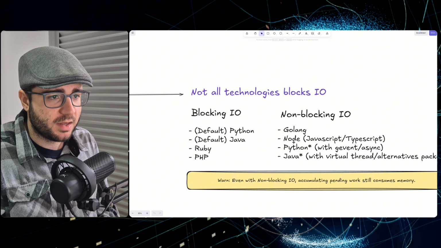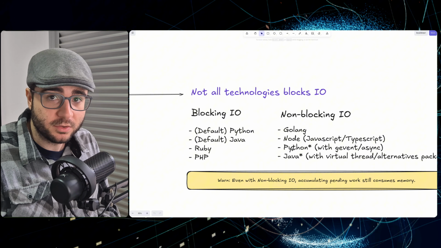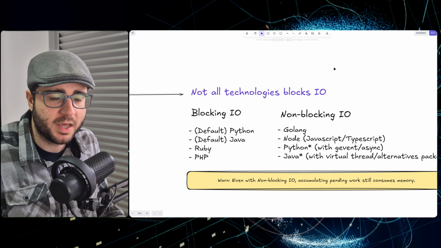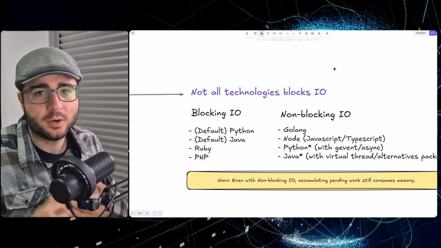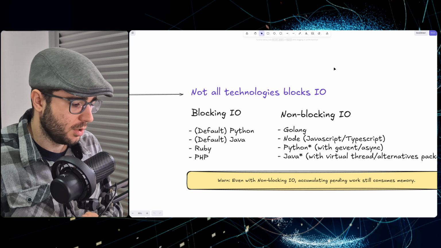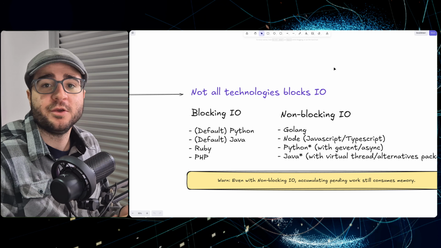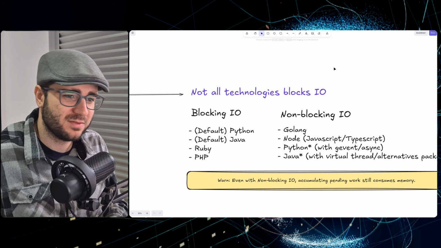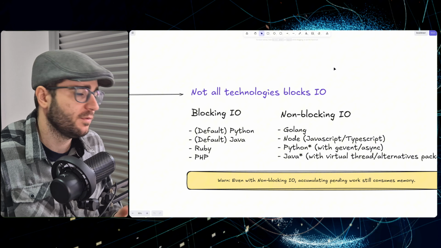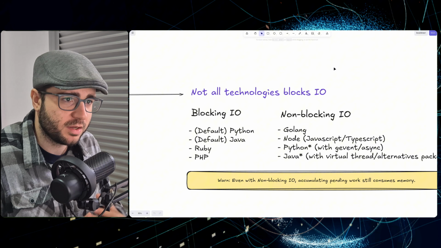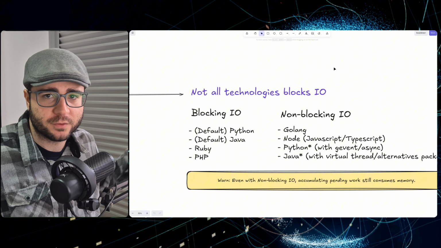But notice that in Python and in Java, this is not the default behavior. It's kind of a hack that we need to do. Many of the popular libraries will not be working with non-blocking I/O, so we need to do some hacking to make that work properly. It's very different from platforms such as Golang and Node that have this principle from the beginning.